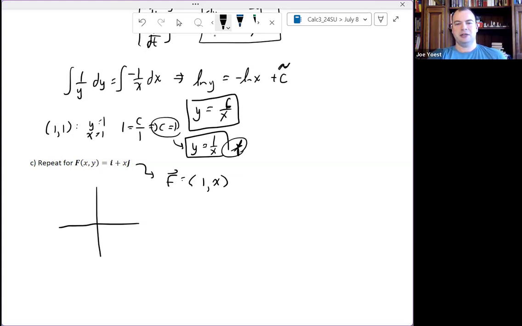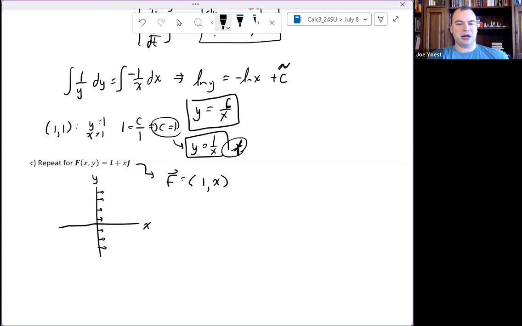So I see that my horizontal component is always 1, and my vertical component is x. So when x is 0, I just have a horizontal component of 1. It's the only thing that contributes.